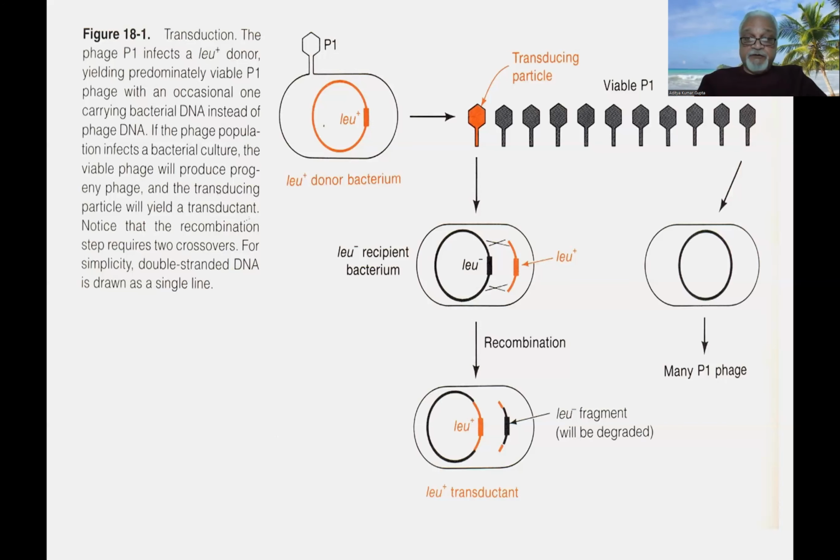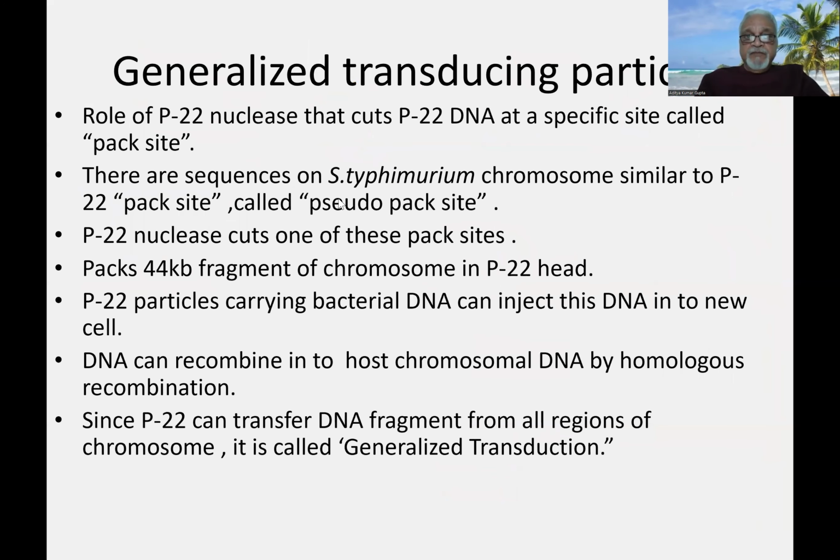Fine. So how does this take place? This mechanism is known, and we understand what goes on here. So actually, what happens? There is a nuclease we call P22 nuclease, which is a phage-coded nuclease, which cuts at a very specific site. We call it the PAC site on the phage DNA.